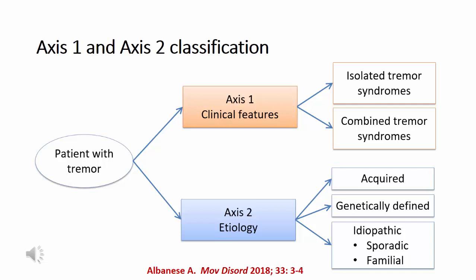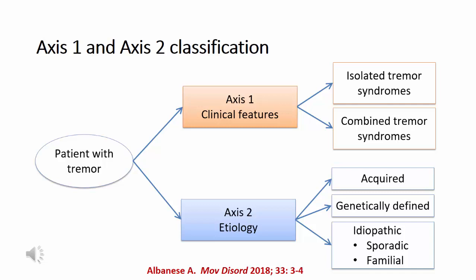Tremor syndromes are defined by clinicians for the purpose of identifying the etiology and optimum treatment. In other words, the identification of an Axis 1 tremor syndrome is merely the first and most important step toward finding a specific etiology and appropriate treatment.